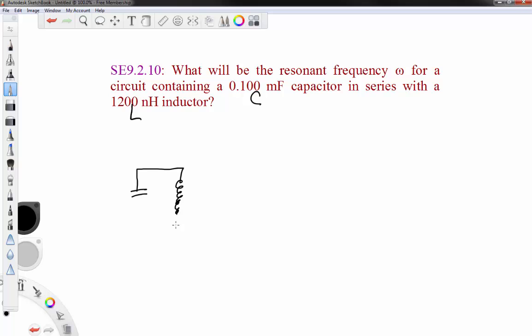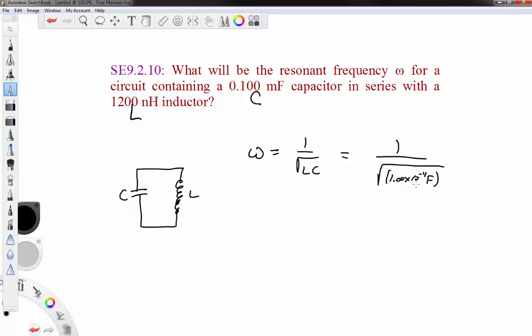There's a capacitor, there is an inductor, and we want omega, which is 1 over square root of L times C. So that is 1 over the square root of 1.00 times 10 to the minus 4 farads times 1.200 times 10 to the minus 6 henries. So that gives us 1 over the square root of 1.2 times 10 to the minus 10.